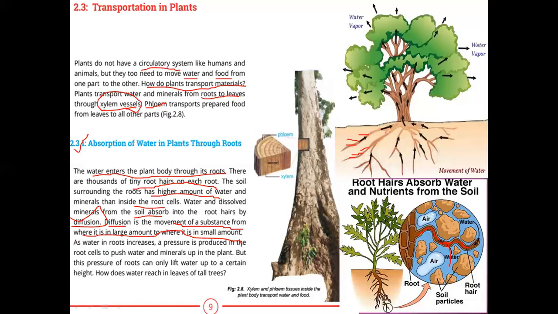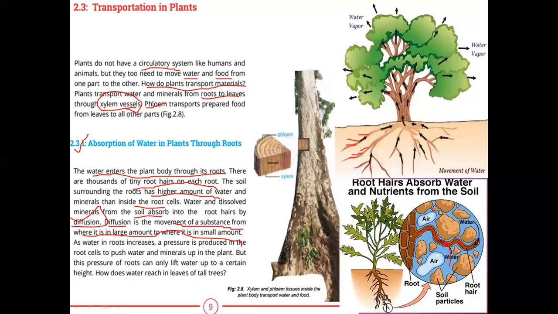As water in the roots increases, a pressure is produced in the root cells to push water and minerals up in the plant. But this pressure of the roots can only lift water up to a certain height. But how does water reach the leaves of tall trees?